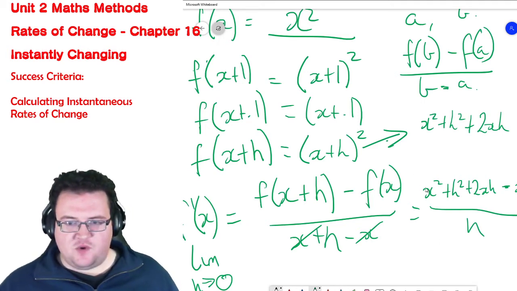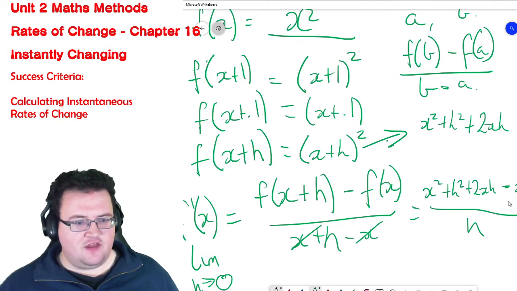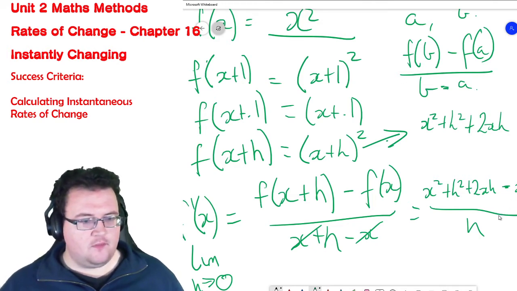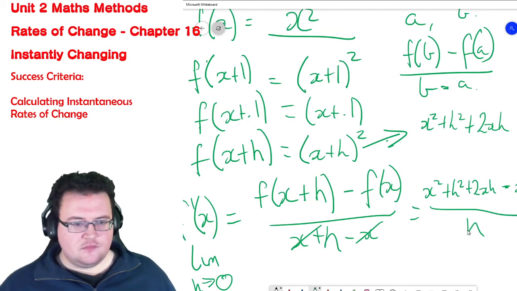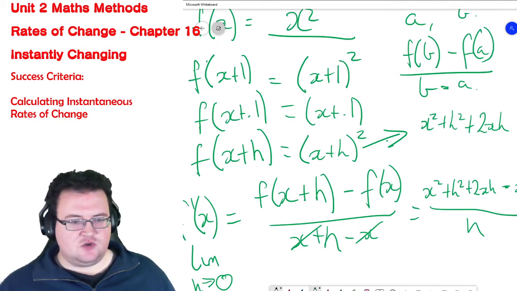What happens to the x squared there and the minus x squared there? What's x squared minus x squared? What can I do with it? Cut. Yep. Gone.